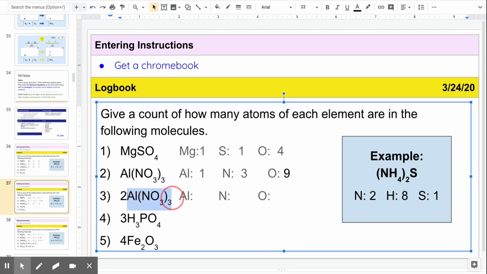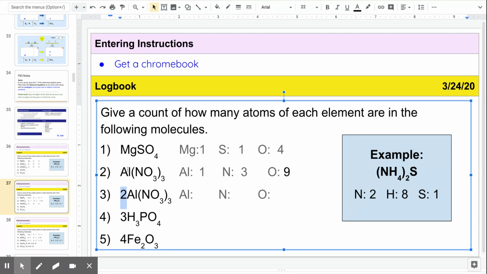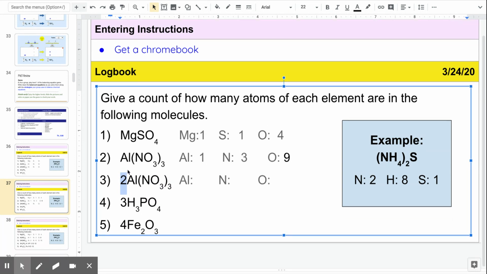For number 3, we still have aluminum nitrate, but now we have the difference of having the coefficient in the very front. So this is like if you've already balanced the equation or you're on your way to balancing it, right? Remember that 2 in the front needs to get distributed to everything, because now it's saying instead of having only 1 aluminum nitrate, we now have 2 of those aluminum nitrate molecules.